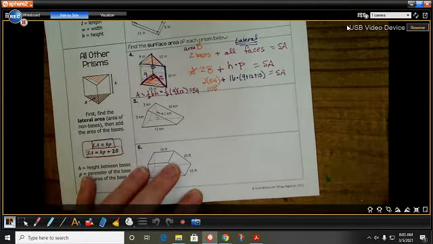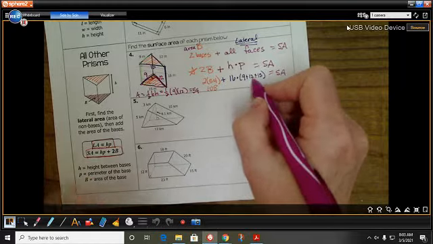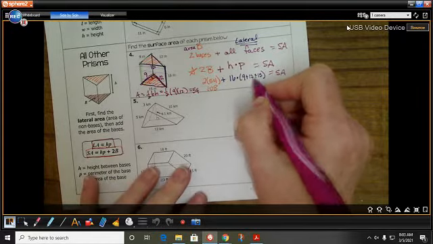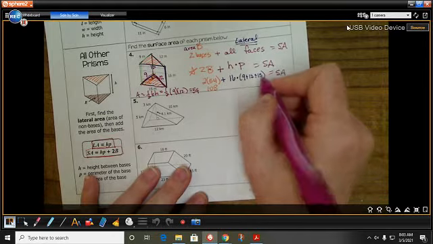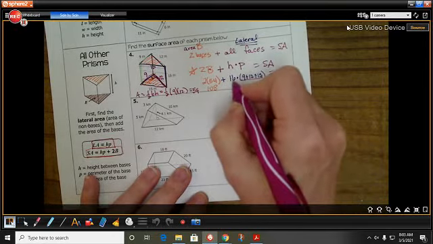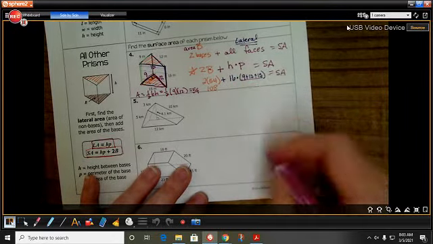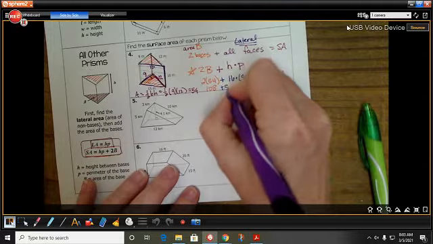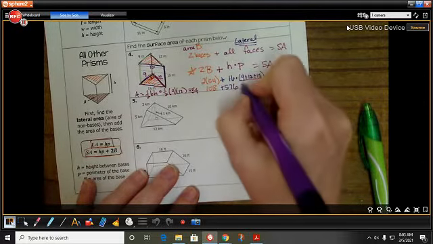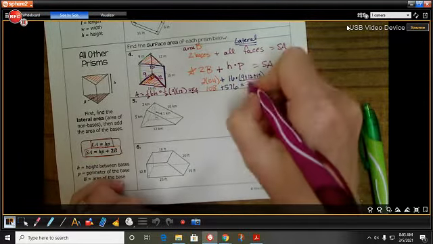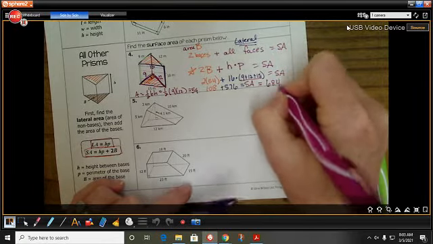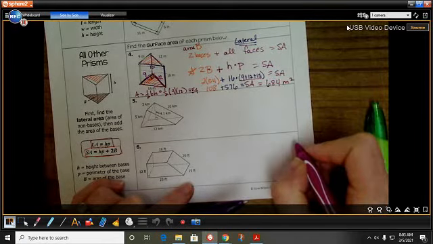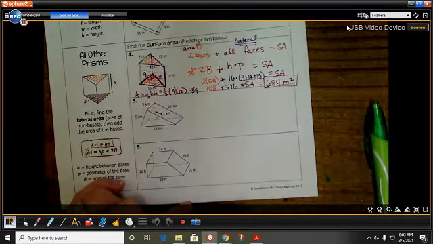And then when I add the 9 plus 12, that's going to be 21 plus 15 is 36 times the 16. When I do this 36 times the 16, I end up getting 576. And so together, my total surface area is going to be 684 meters squared. So this is my total surface area for this triangular prism.